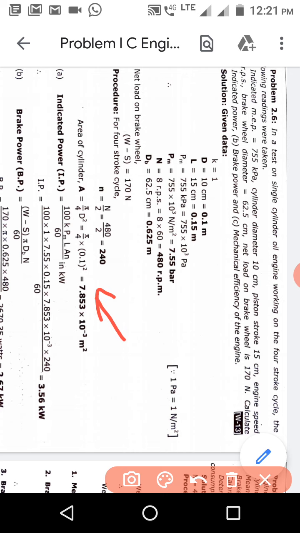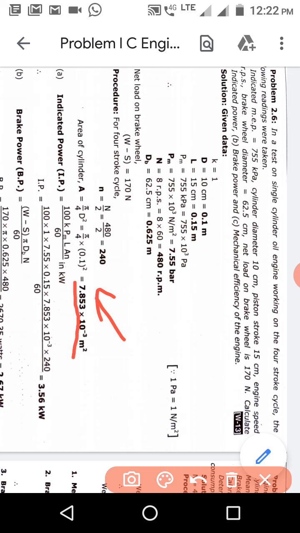So A is equal to pi by 4 d square, and d is equal to 0.1, and with the help of this pi by 4 into 0.1 square, we got the area of the piston, that is equal to 7.853 into 10 raised to power minus 3 meter square.